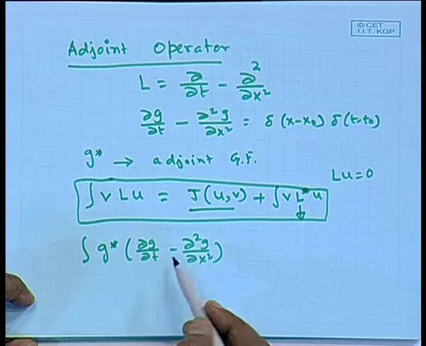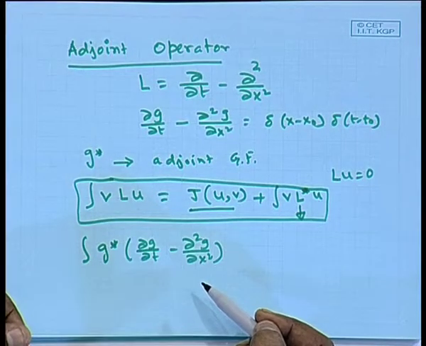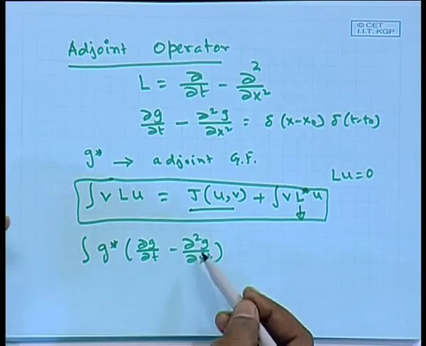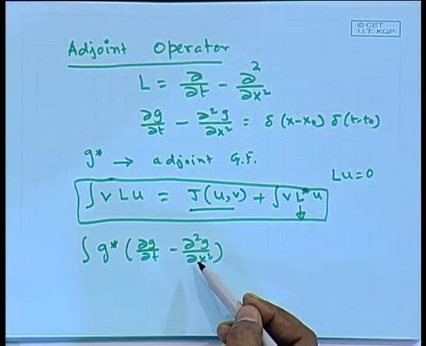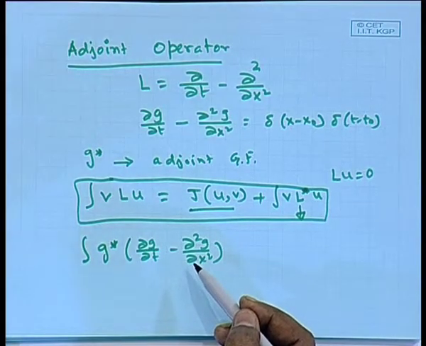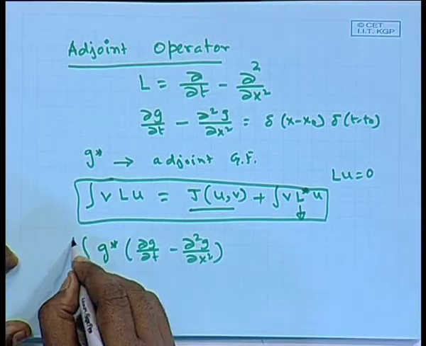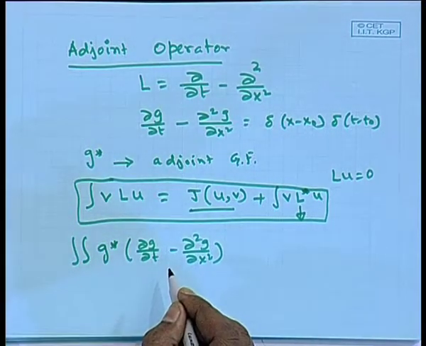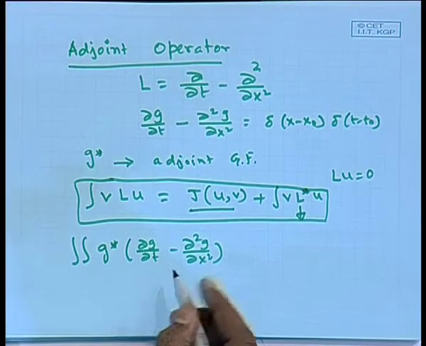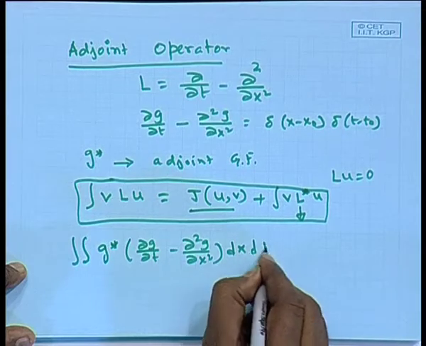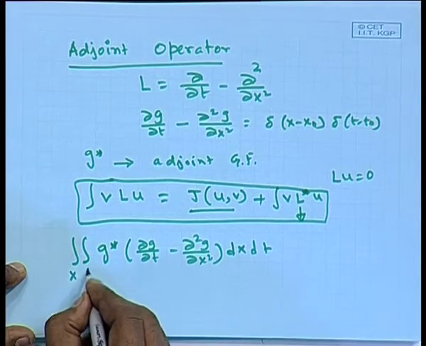Now, on what are you carrying out this integration? This governing equation is valid for the whole volume. What is the volume in this case? It is a 2-dimensional problem. It is basically dx dt. So, it will be a double integral instead of a single integral as in the previous case, because in the previous case it was an ordinary differential equation. So, one integration over x, the other over t.